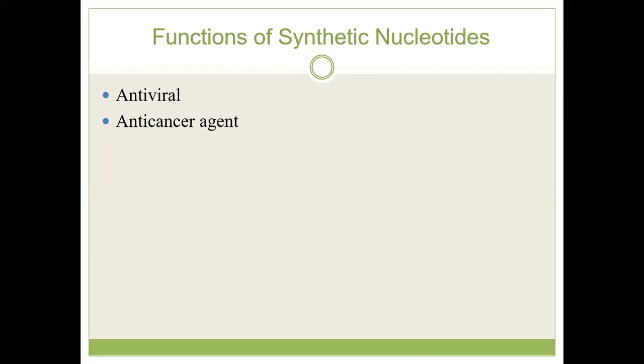So when you have nucleotides forming a complementary base pairing continuously like this, and you have an individual who is taking synthetic nucleotides, these synthetic nucleotides will go and bind, just like the other nucleotides bind.